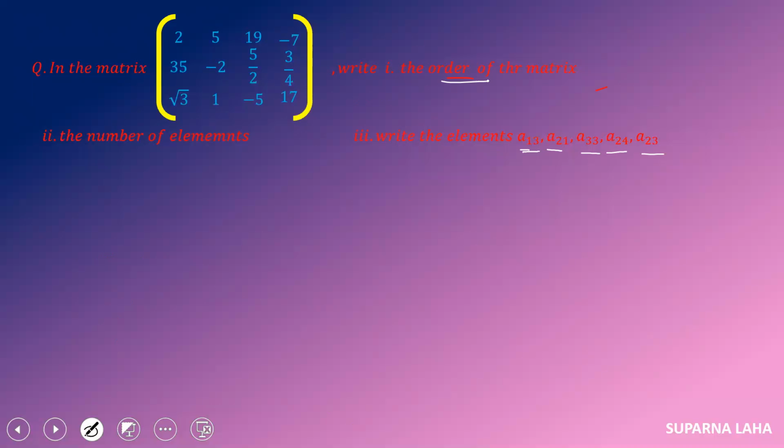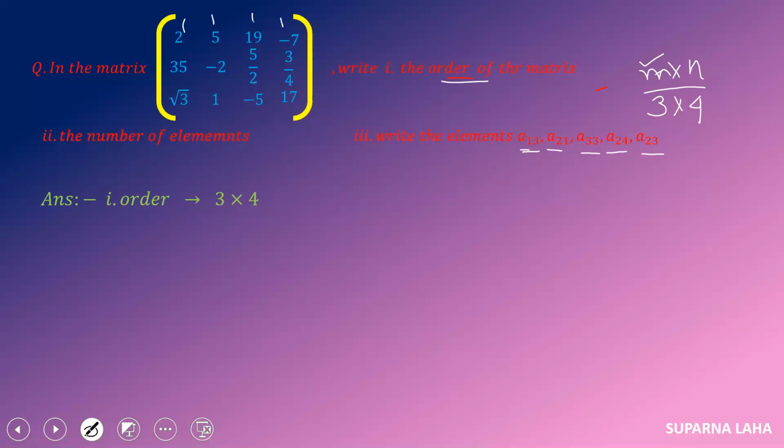Order means rows cross columns. So how many rows are there? 3 rows. How many columns are there? 1, 2, 3, 4. 4 columns. So that means the order of the matrix is 3 cross 4.